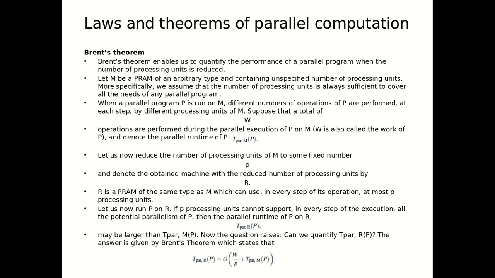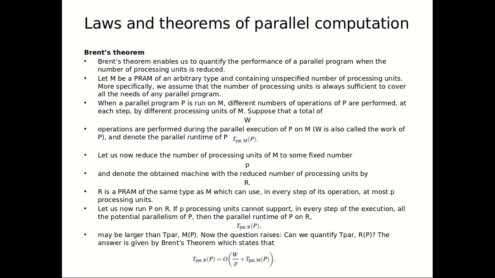Let us now reduce the number of processing units of M to some fixed number. Let that be p. And denote the obtained machine with the reduced number of processing units by R. So R is also a PRAM which is of the same type as M, and in every step at most p processing units can be used.